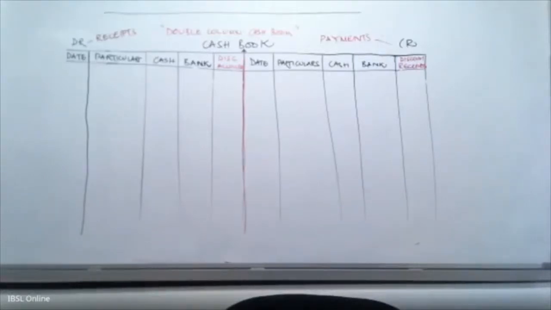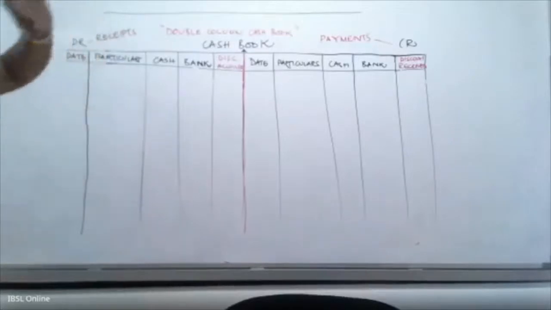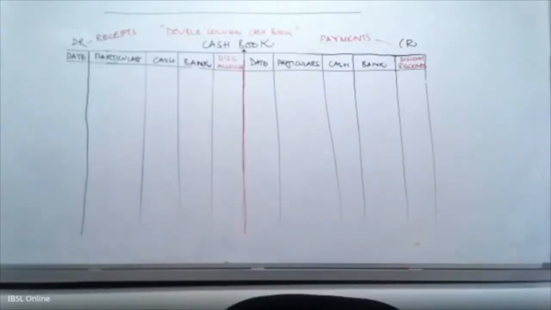Always, whatever that you learn, you have to be in a position to relate it to your current context. That is what is going to be the ultimate learning outcome. How does this apply to my current context? So I will give you a simple example. When a customer comes to deposit cash, what is the double entry?